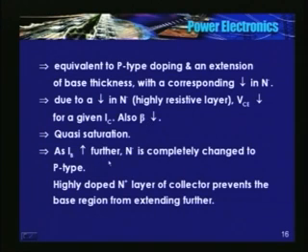And as IB is increased further, N1 is completely changed to P type. And this highly doped N plus layer of the collector prevents the base region from extending further. The base region cannot extend further.